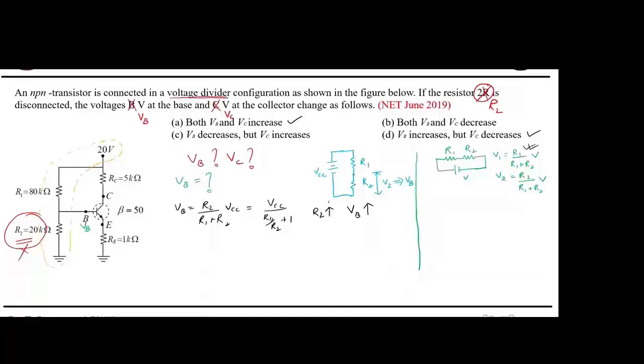Now, what about VC? Can any one of you give any suggestion? So because of VB, the potential drop will also increase in VC.